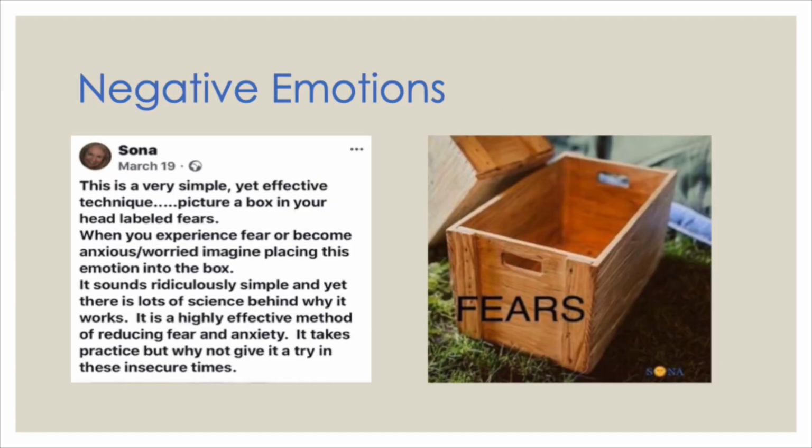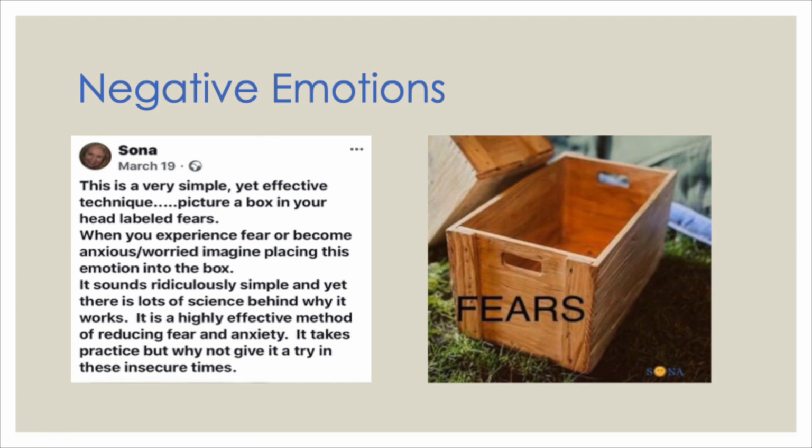So what do we do when we experience a negative emotion? This is a very effective, simple technique. It's just the basic CBT skill, from cognitive behavioral therapy. And it's about labeling your emotions. So when I experience the emotion of fear, I picture a box in my head labeled fears. And I imagine myself putting the emotion into that box.